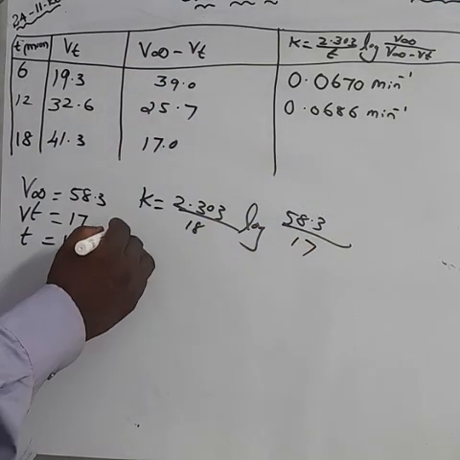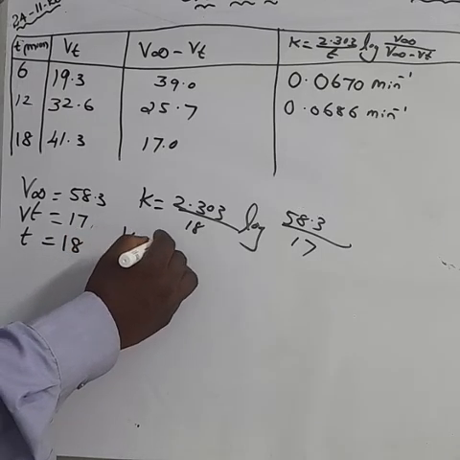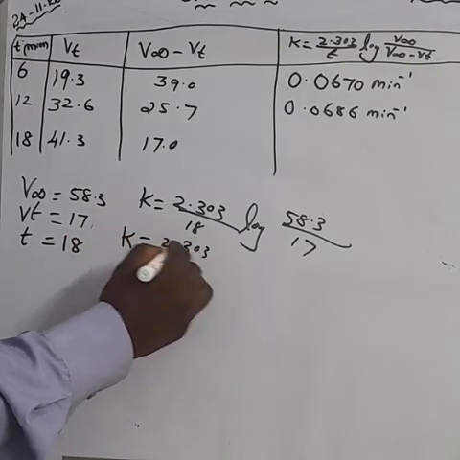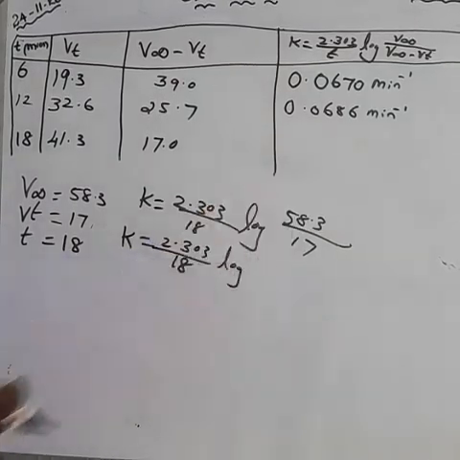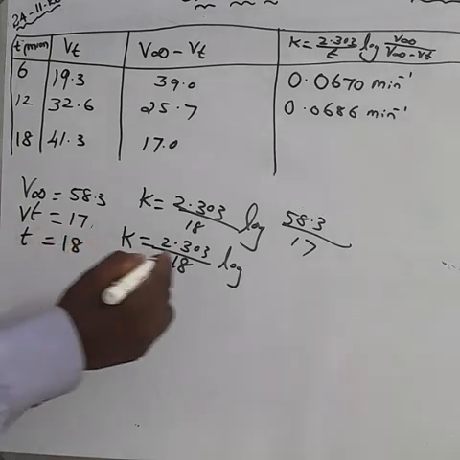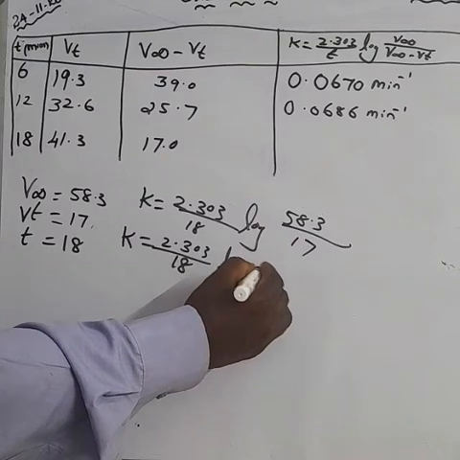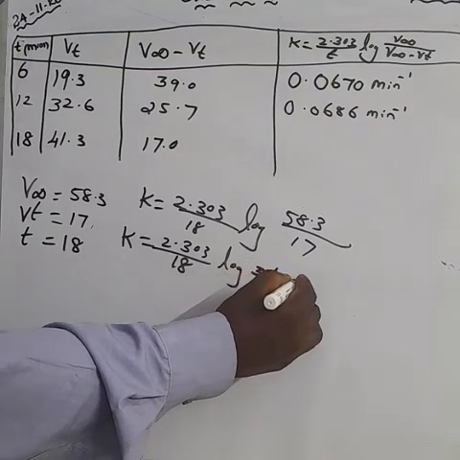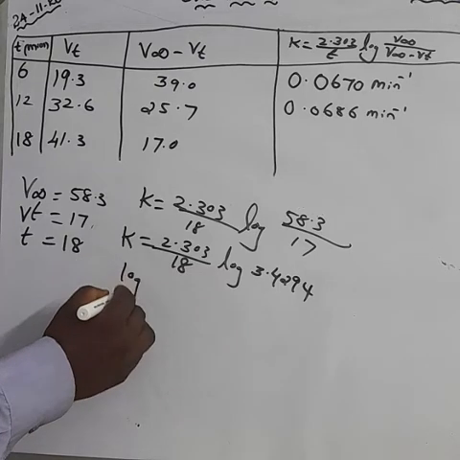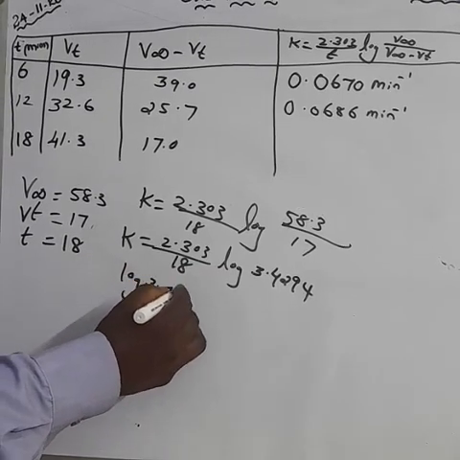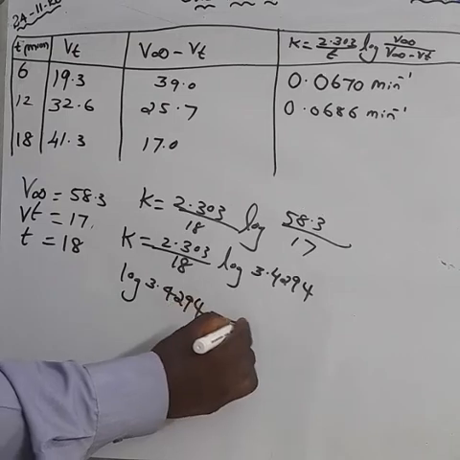Okay, then we can calculate. k is equal to 2.303 divided by 18 log. First of all, we divide 58.3 divided by 70. The approximate value is 3.4294. So log 3.4294, what's the value?